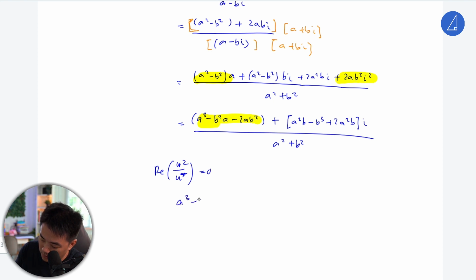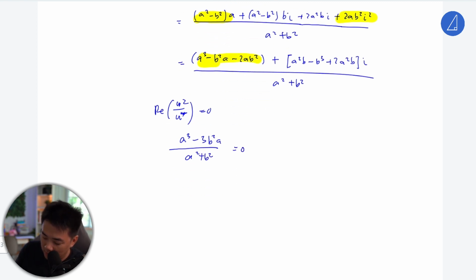So a cubed minus a b squared. The denominator you don't really care about, because even if you put it in, the numerator will just be 0. So a times a squared minus 3b squared equals 0.